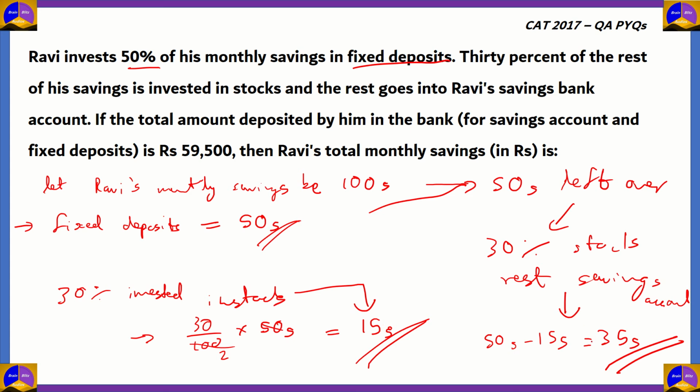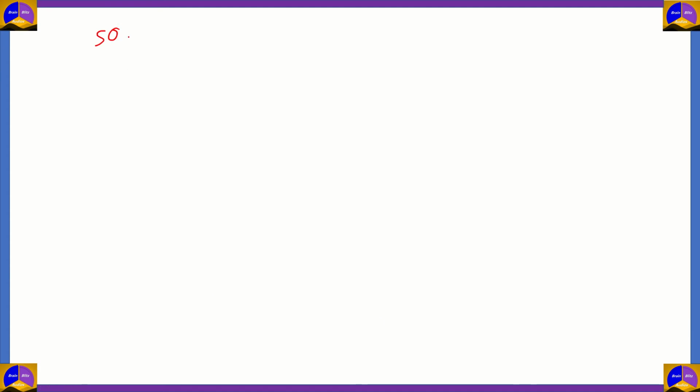So his money, which is 100s, is divided into 50s for fixed deposits, 15s for stocks, and 35s for his savings account. Now, according to the question, the total amount deposited by him in the bank for savings account and fixed deposits is 59,500. We need to find his total monthly savings. So what it says is 50s plus 35s will be equal to 59,500.